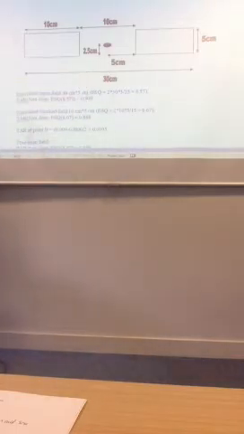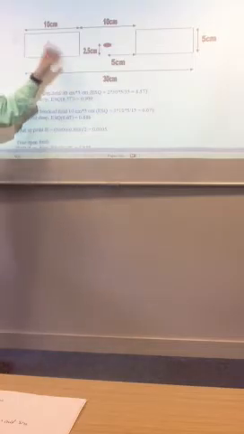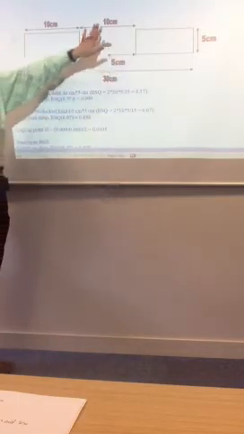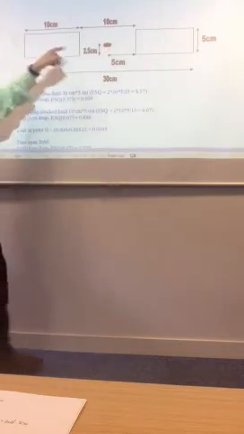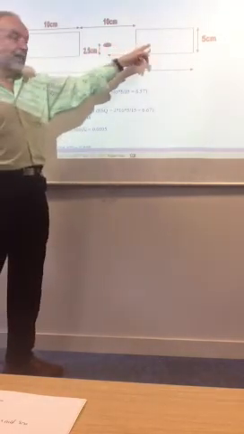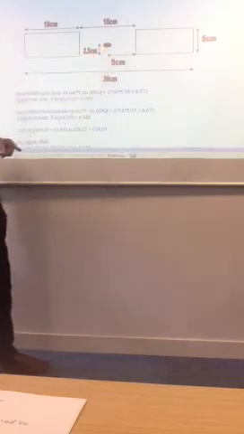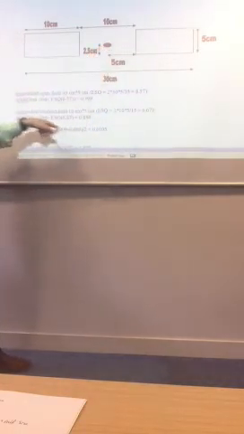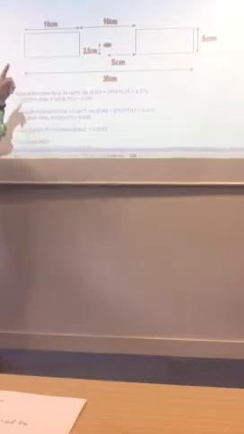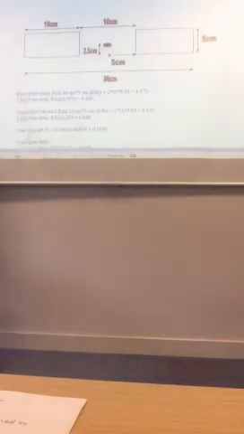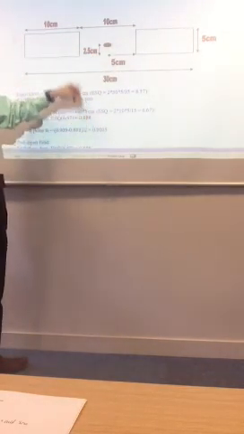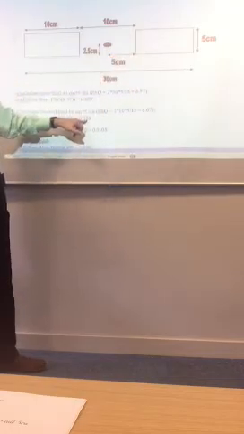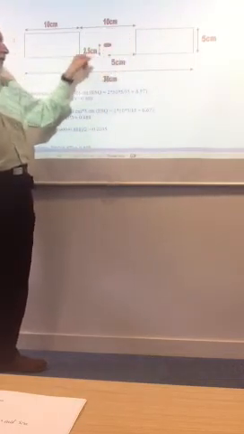So what you have, if you had this field and then blocked this part, what you will get at that point is only the scatter from these two open sides of the fields into there, and you get that by taking the difference between the two. Remember, tissue air ratio is primary plus scatter. So this is primary plus scatter for this field size. This is primary plus scatter for this field size.